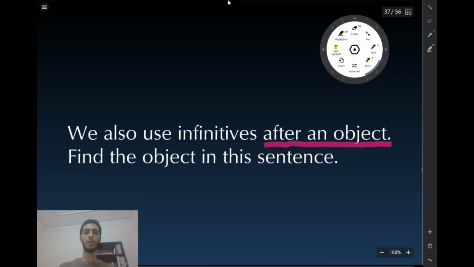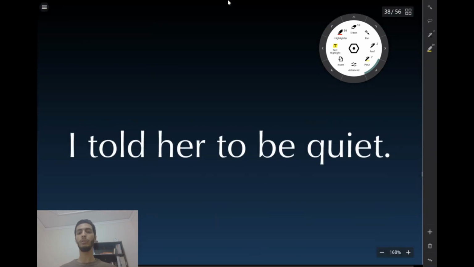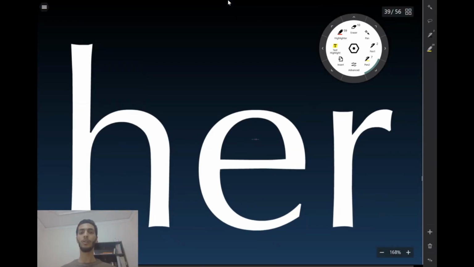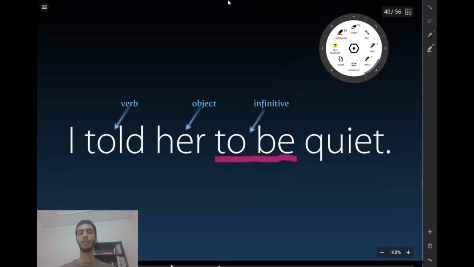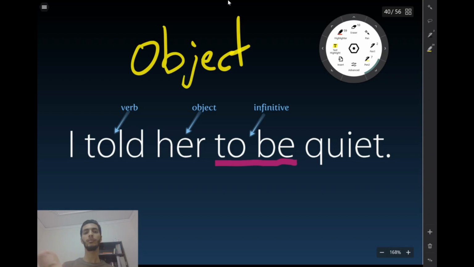We also use the infinitive after an object of the sentence. Find the object in this sentence. I told her to be quiet. Now where is the object? The infinitive can be used after the object in the sentence. That's it. Okay, good. Her. Very good. And here, this object is an object pronoun.